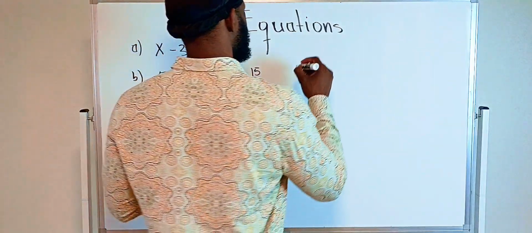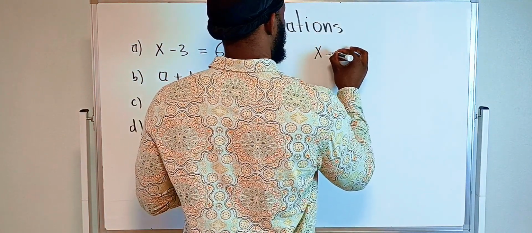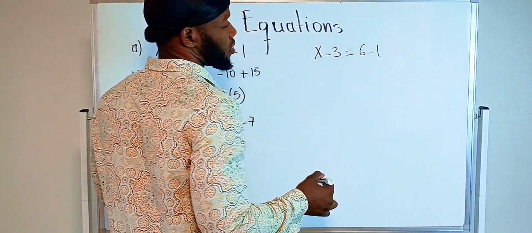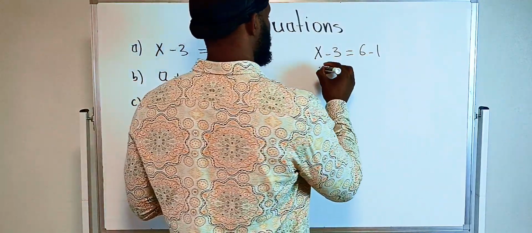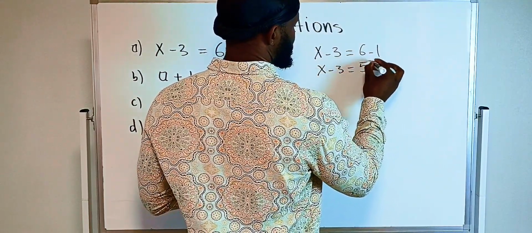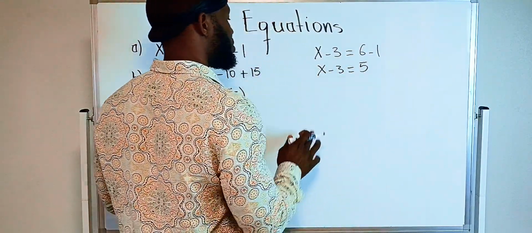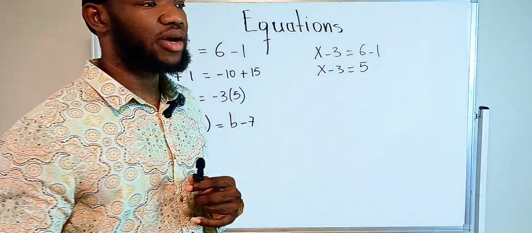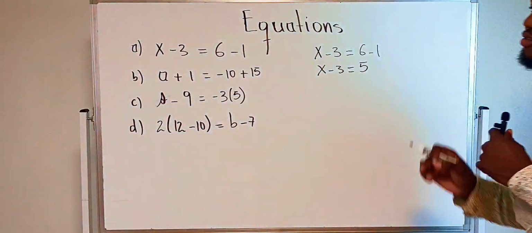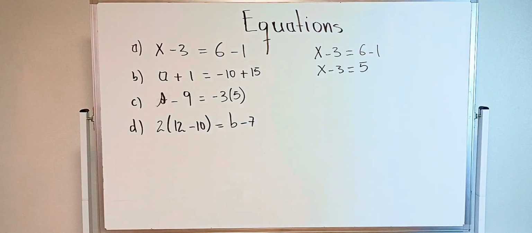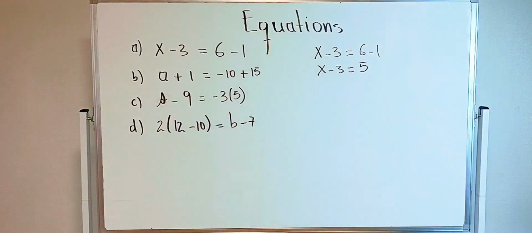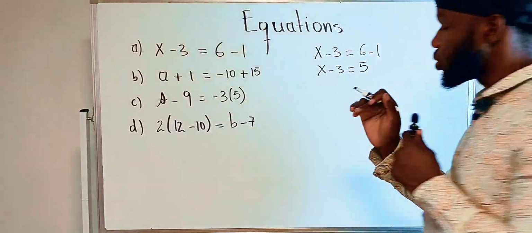So we got x minus 3 equals 6 minus 1. We know that 6 minus 1 is 5. So right now we just gotta find a way to isolate x, I mean to have x by itself in one member.